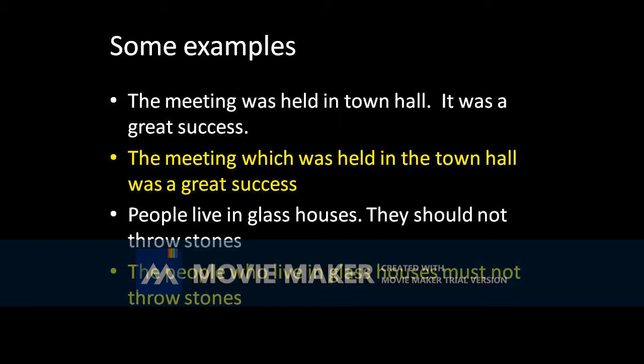So after the words the meeting, we should place which. Now the sentence will be like this: The meeting which was held in the town hall was a great success. In the sentence we find it was a great success, and we remove it because it is once again talking about the meeting.